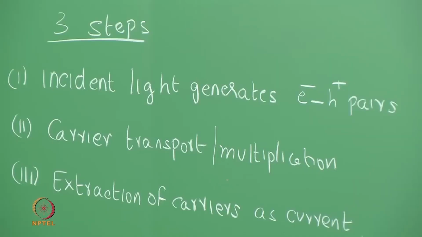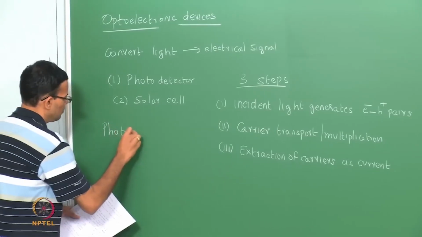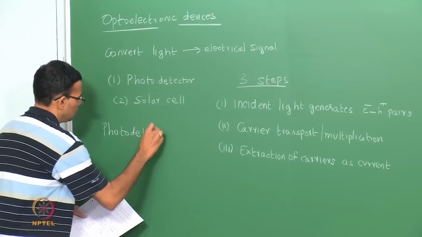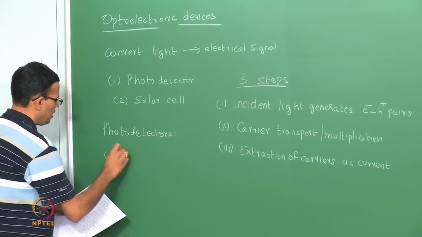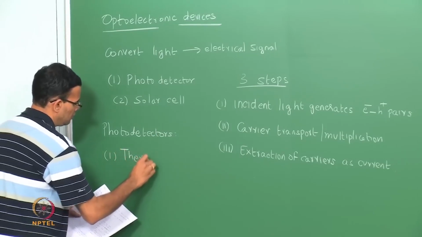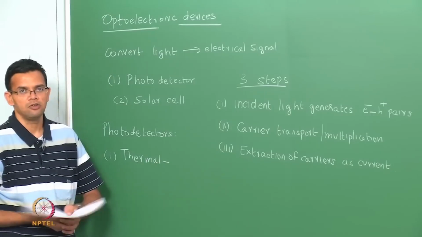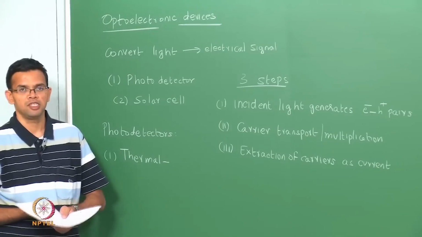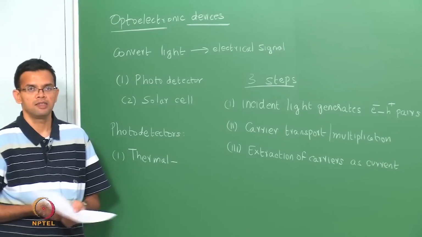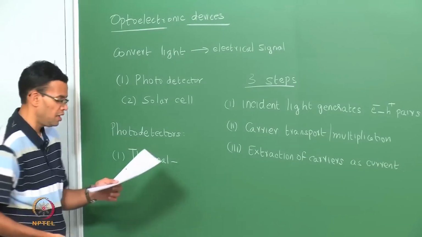When we look at a photodetector, there are normally two classes of photodetectors. So, the first class are thermal detectors. In this particular case, you shine light onto the device or you shine light onto the material, which leads to a temperature rise, which is measured, and the temperature rise is directly proportional to the amount of light that is shining in.